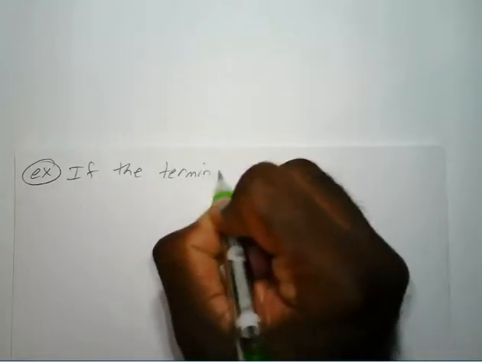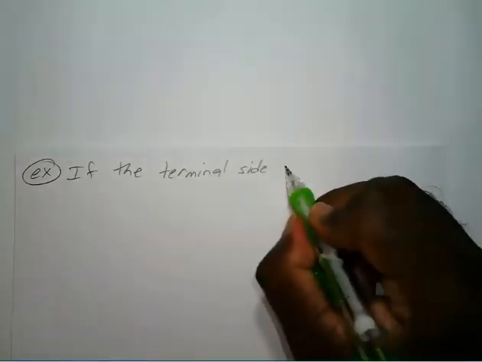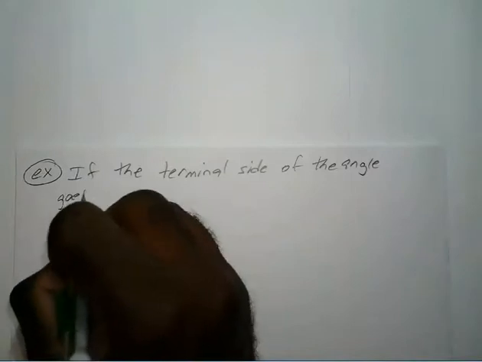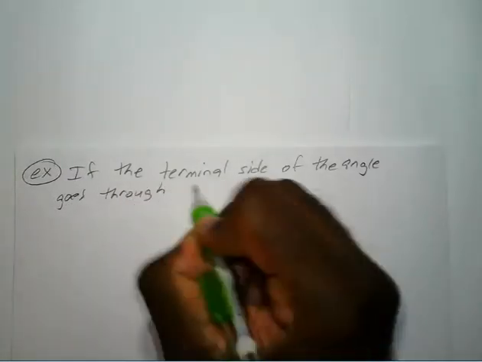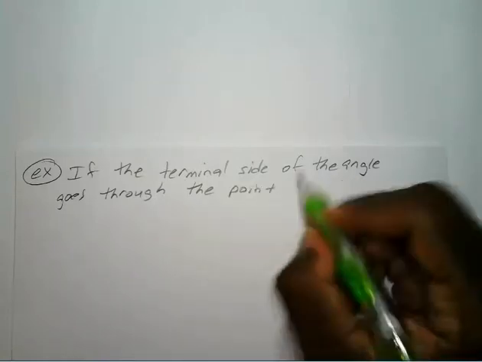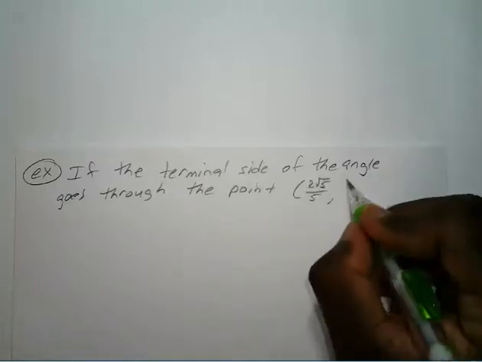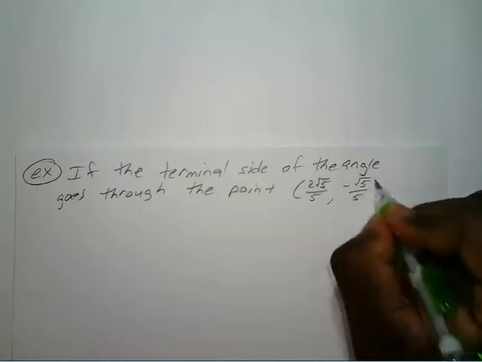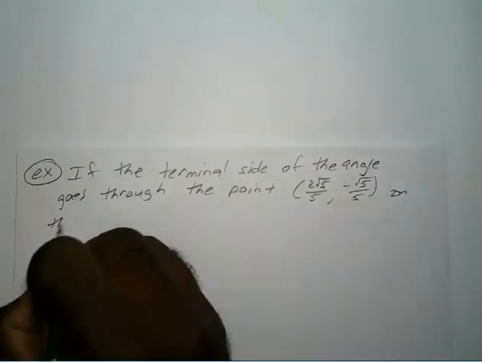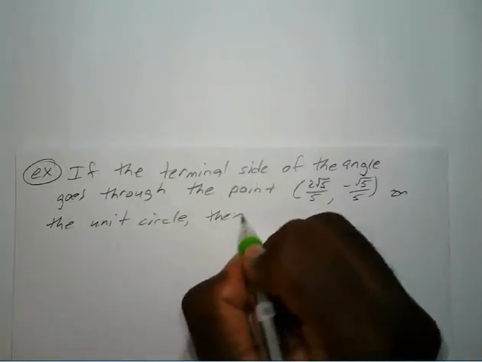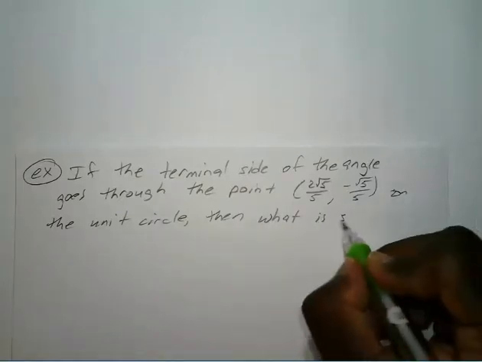Okay. So for example, if the terminal side of the angle goes through the point 2 square root of 5 over 5 and negative square root of 5 over 5 on the unit circle, then what is sine of theta?